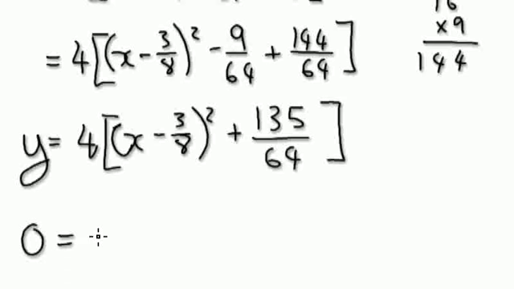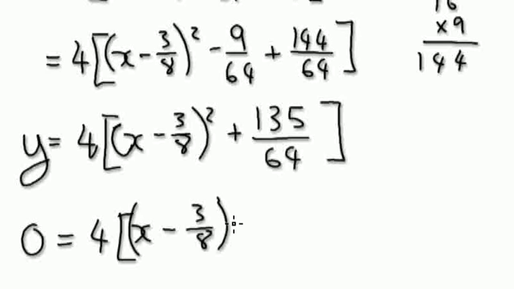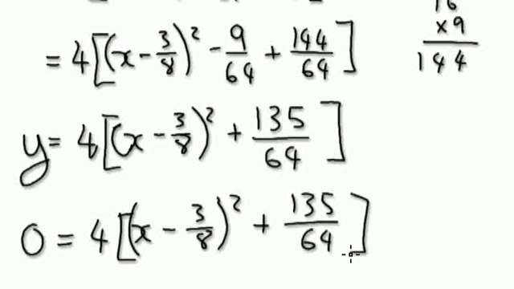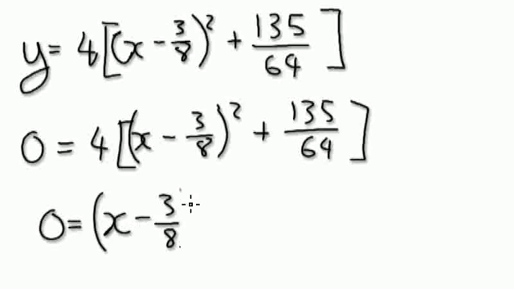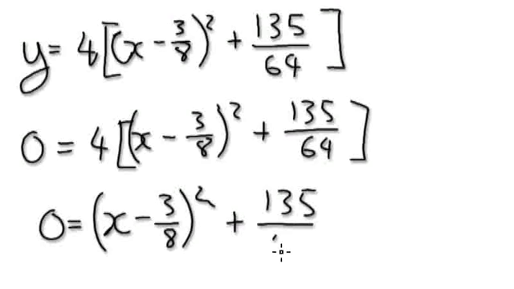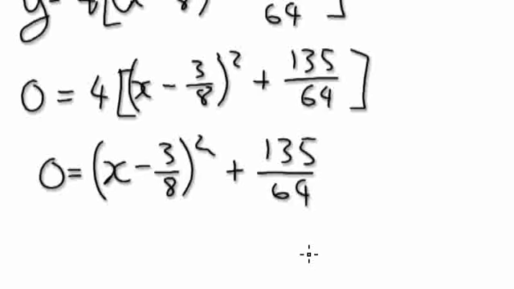So put 0 into the y, so that will be this here, (x minus 3 over 8) squared, and then plus this here, and then divide both sides by 4. So this will be 0 equals (x minus 3 over 8) squared plus 135 over 64.